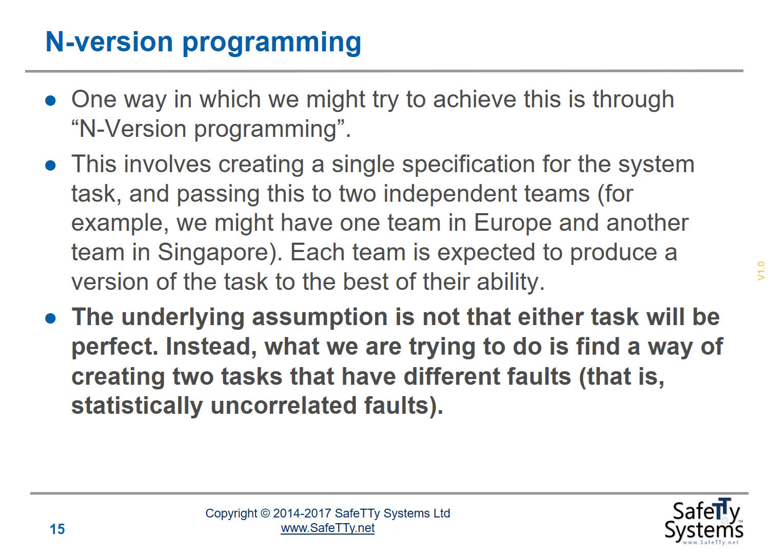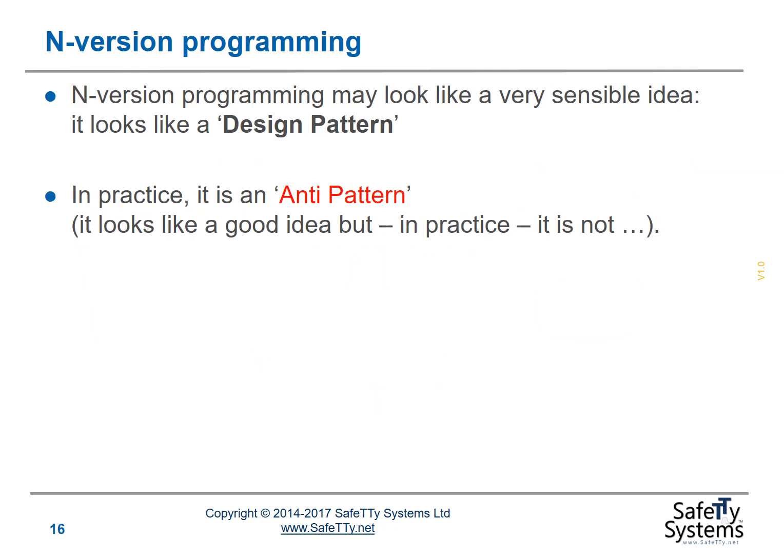We want to be confident that the task A backup will not suffer from the same faults as the original task that we have replaced. In that way, we have a better chance of getting our plane to perform a successful and safe landing. So how can we create task A and task A backup and ensure that they are different?